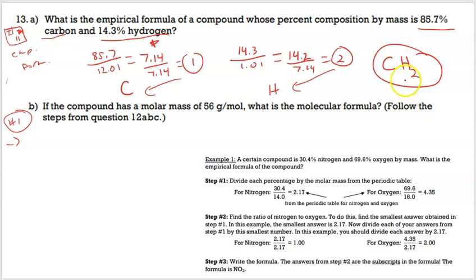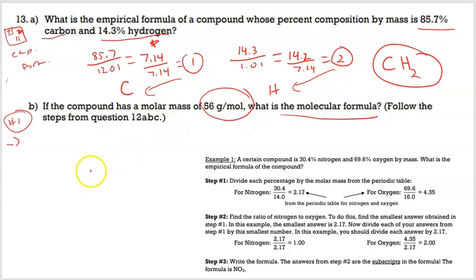All right? Now that I know my empirical formula, right, I can then figure out the molecular formula based on total mass or molar mass of the molecular formula, which is 56 grams per mole. All right, so here's what we're going to do.